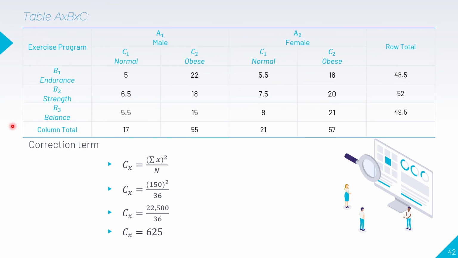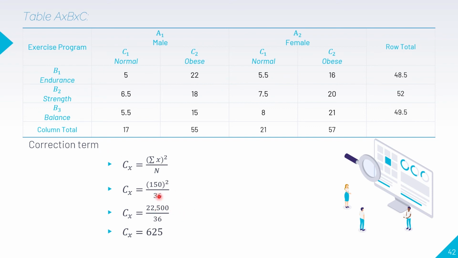Next, finding our correction term. Cx is equal to the summation of x squared over n. So we have 150, since we need to add this one, this one, this one. The total of that is 150. Squared, we have 22,500 over 36. It is the use of A by C, the table we made earlier.